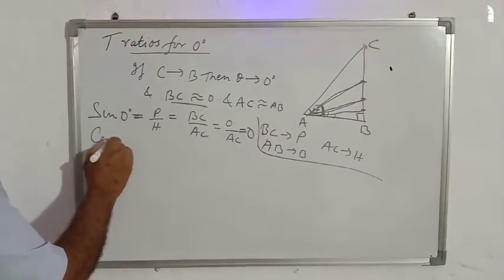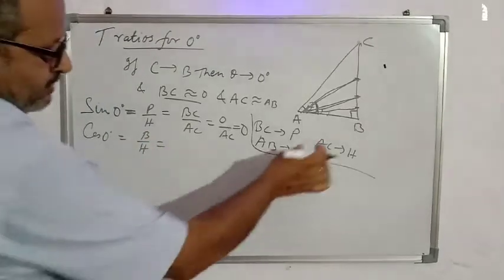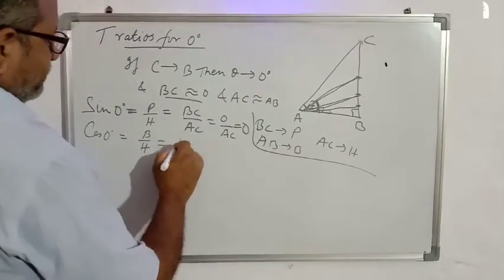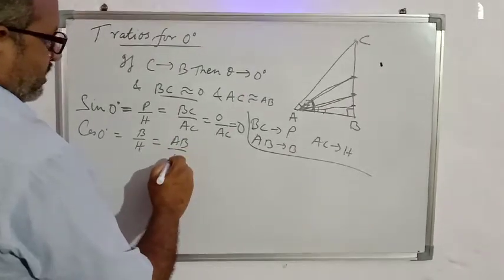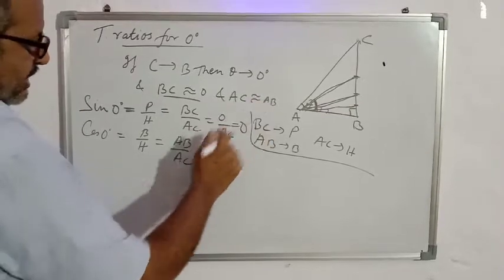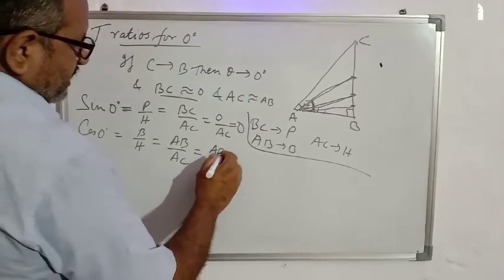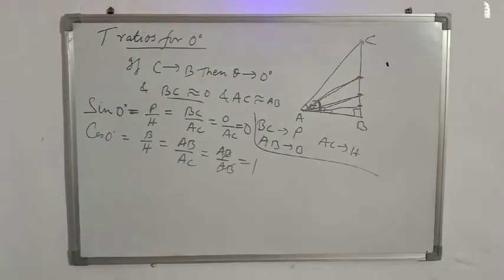Cos 0 is base by hypotenuse. What is base? AB. And hypotenuse? AC. AB and AC are both equal, so we can cancel it. It will come 1.